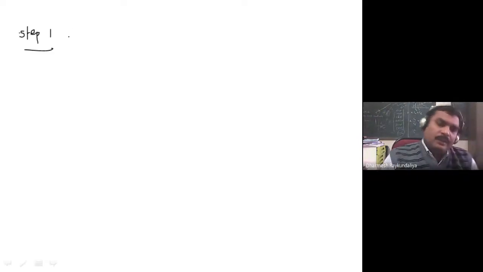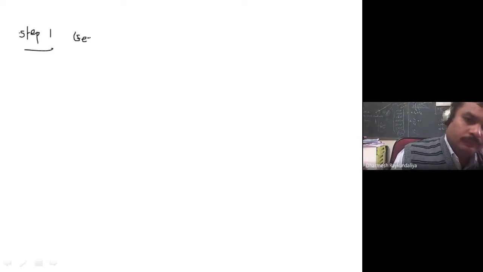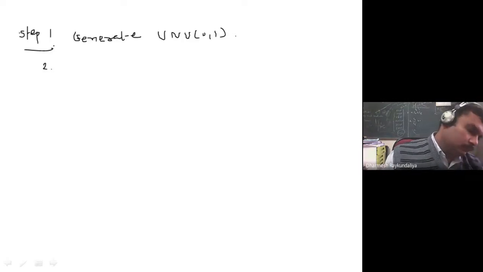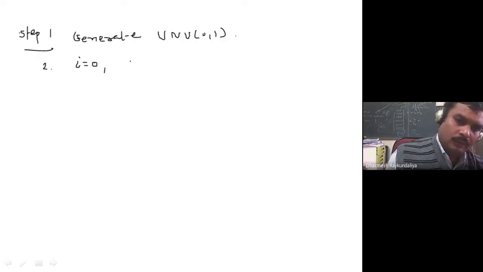So the first step is to generate uniform random numbers u. Second step, set I equal to 0. Then what is p0? P0 we call as p.